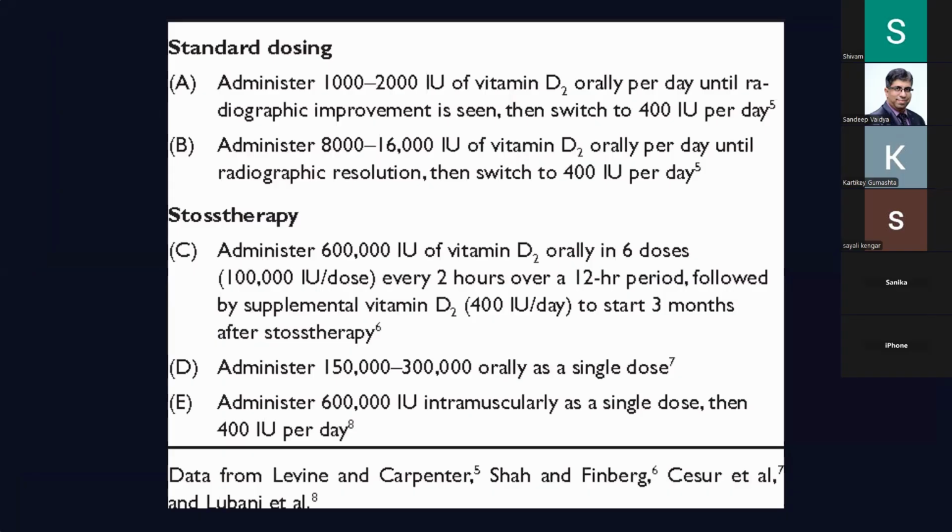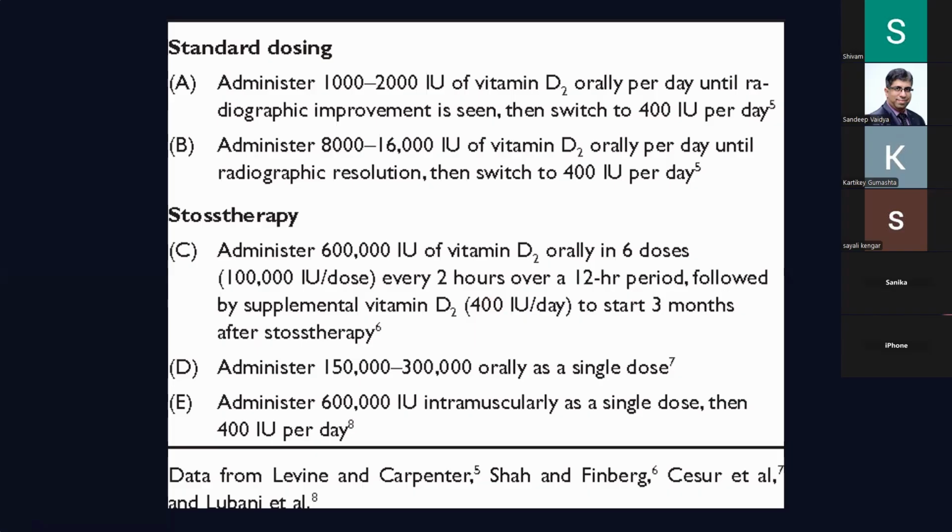As we discussed the standard dosing, for the STOSS therapy, there are three types of regimen available. One is where we can administer 6 lakh international units of vitamin D orally in 6 doses, every 2 hours over a 12-hour period, followed by a daily vitamin D3 supplementation of 400 international units per day for 3 months.